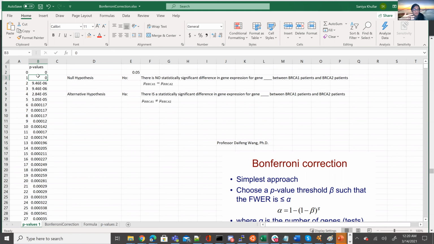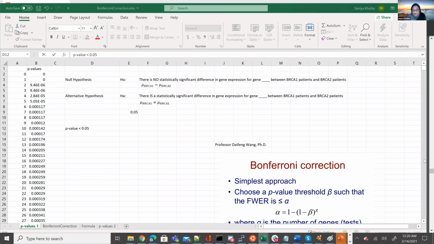What happens is that we typically reject the null hypothesis if our p-value, so usually we use a p-value cutoff, is less than 0.05. That means that for each gene, there's less than a 5% chance of observing the data that we got if the null hypothesis is true.